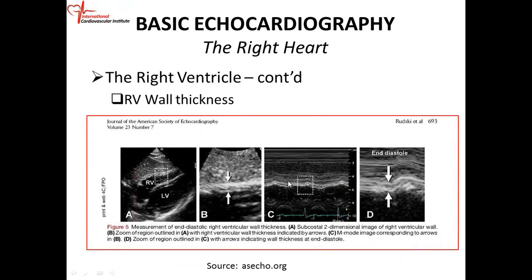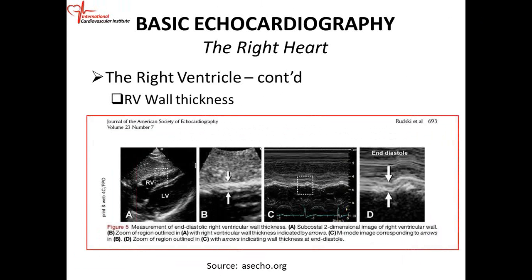Or you can use your M mode. Okay, so remember, when you do your M mode, you can line your cursor and look at the structures that you're crossing, and then where you see the RV wall, again you zoom it and measure it. Okay, remember the measurement of the RV wall is done in diastole.